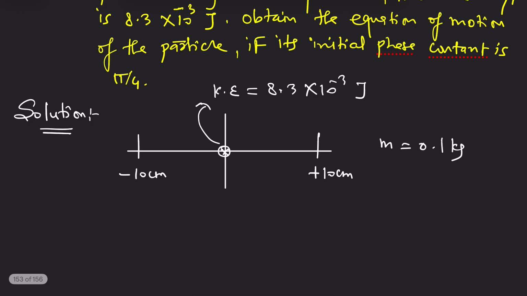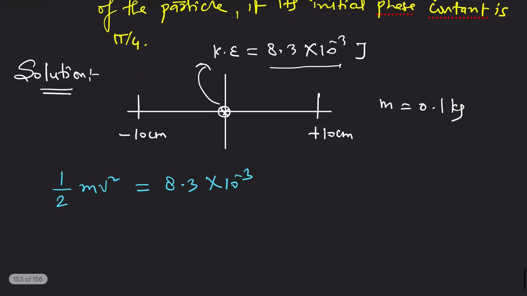If a particle is moving this way and it has this much kinetic energy at the mean position, we know that it is the total energy also. Let me see how we can solve this problem. If I write half m v square is equal to 8.3 into 10 to power minus 3, or if I write half m omega square a square, it is your total energy, both can be written.